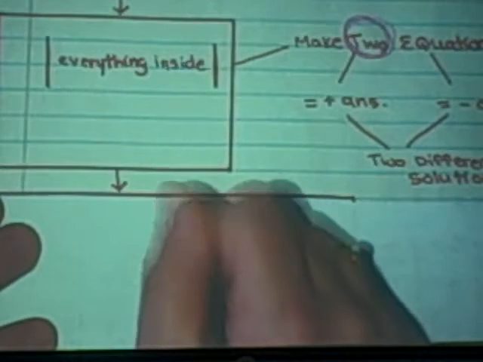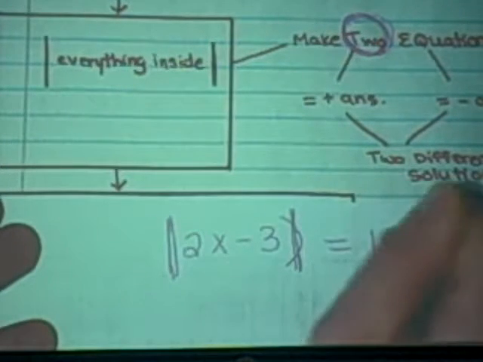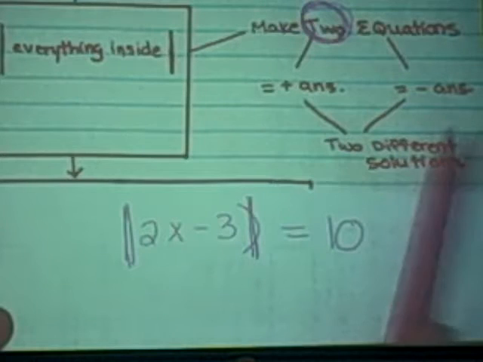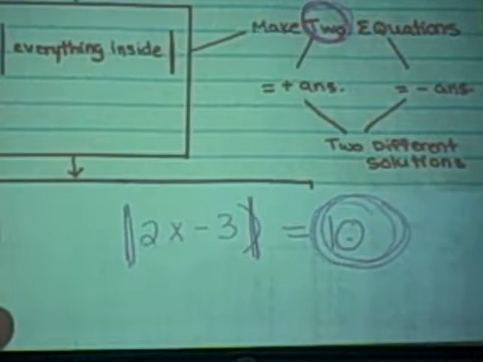And this is where yesterday we had some people get a little bit confused. That's okay. So we're doing it again. You take the exact equation. So if our equation was the absolute value of 2x minus 3 equals 10, you take and set 1 equal to the positive answer and 1 equal to the negative answer. So it's the same number on this end, but one's positive and one's negative.